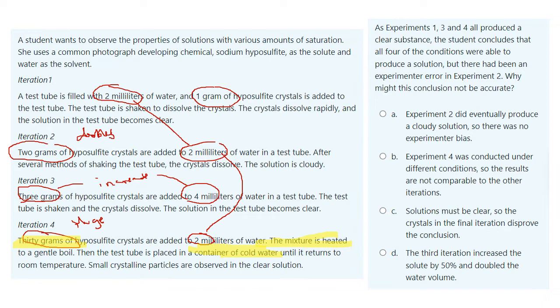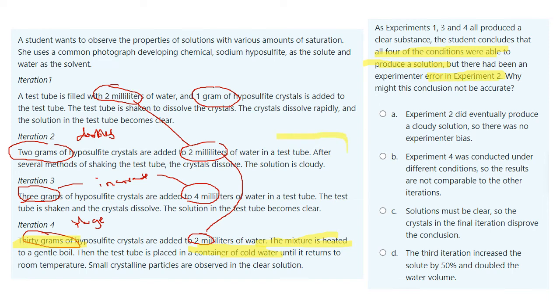But the question, as experiment 1, 3, and 4 all produced a clear substance, the student concludes that all 4 of the conditions were able to produce a solution, but there had been an error in experiment 2. Why might this conclusion not be accurate?